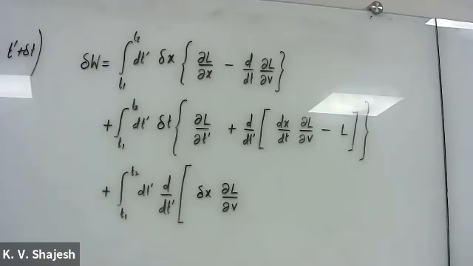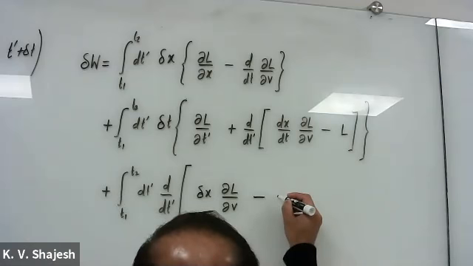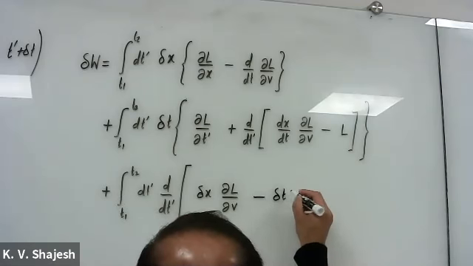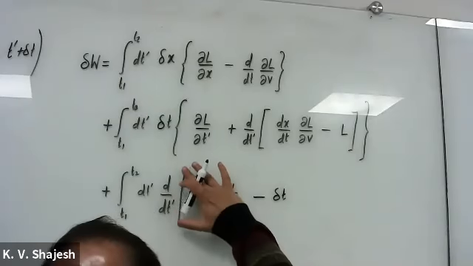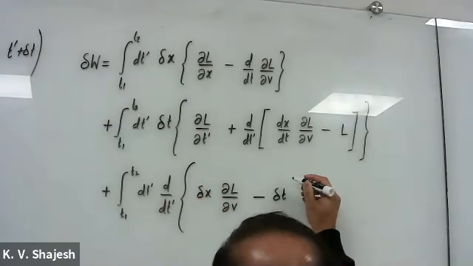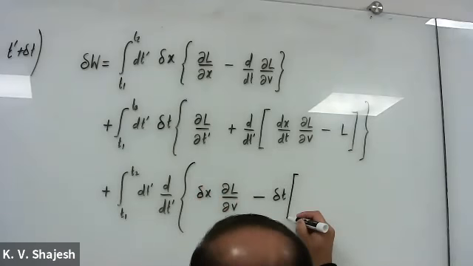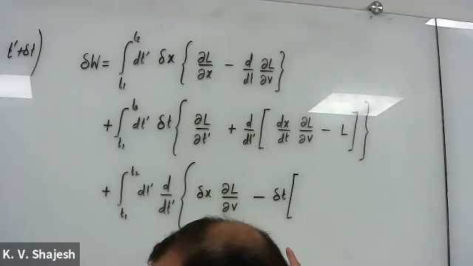So that's this term, and there is the time variation which can be collected as minus delta t times, actually, let me write curly brackets here again. This shows up in the same exact manner. So it's minus delta t, notice.